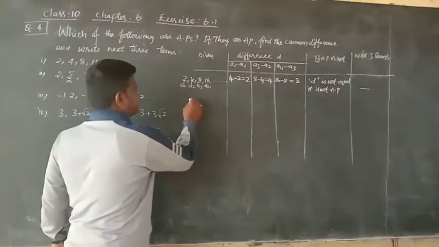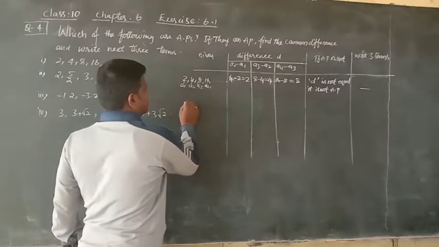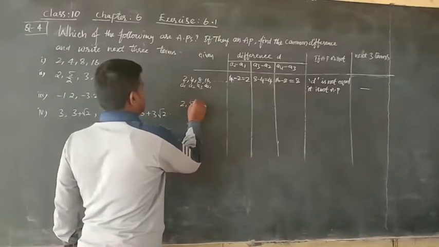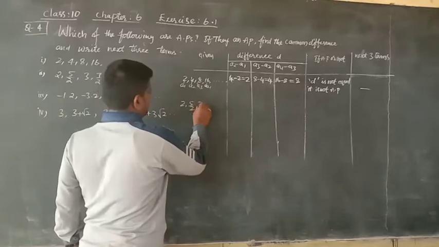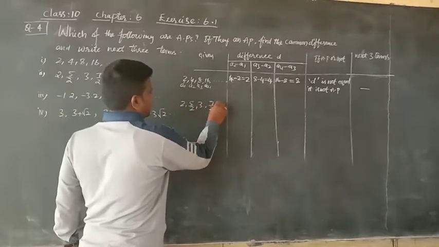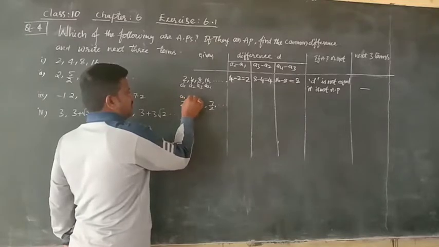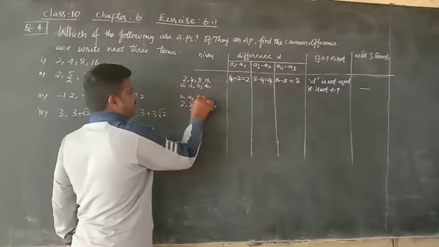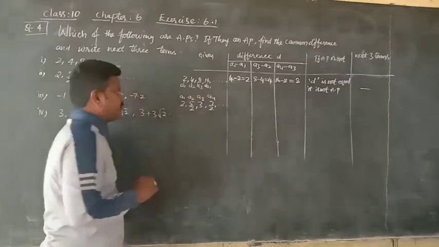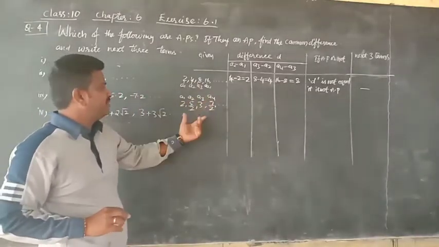The list is 2, 5 by 2, 3, 7 by 2 and so on: A1, A2, A3, A4. First, find the difference using the given terms.